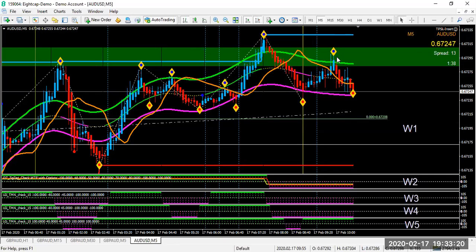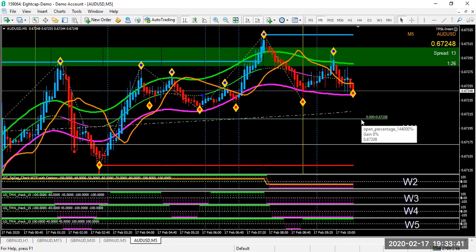If you're trading Aussie on a 5 minute, 10 pip stop loss, you'd be approaching 40 to 50% return. So once again, expectation is at least the center line, and if it pushes through there, down to there.